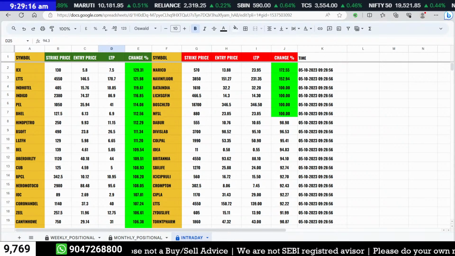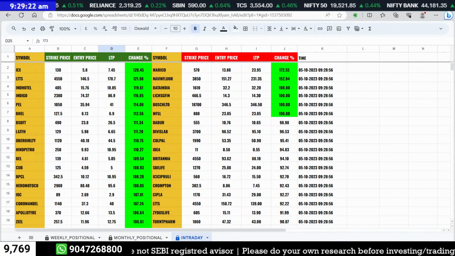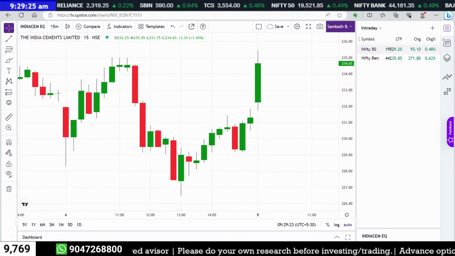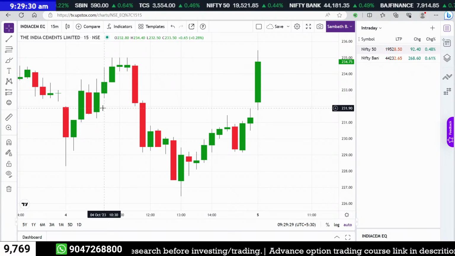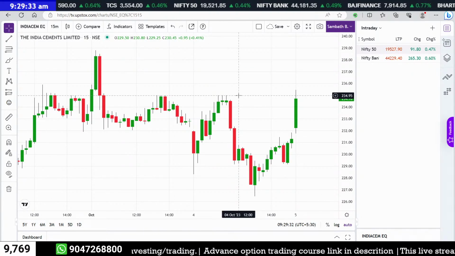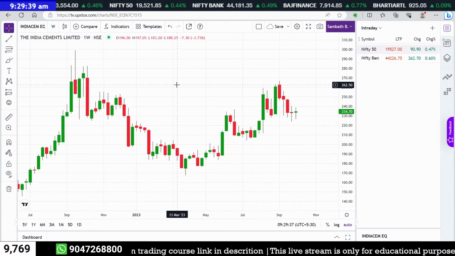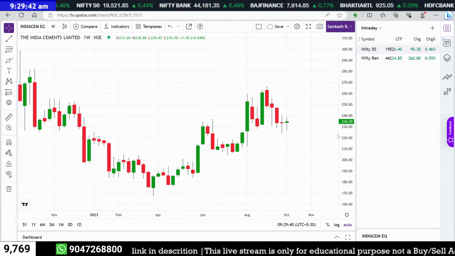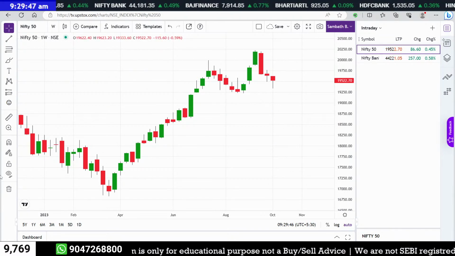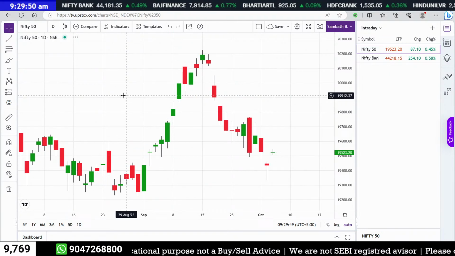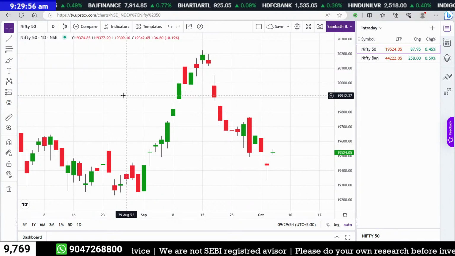Whenever you see a stock, you should look at whether that stock has good volume and liquidity. You need to check the volume and liquidity of the particular stock. It's very important. Nifty weekly hammer. That is a shooting star, sorry, a doji, not moving yet.